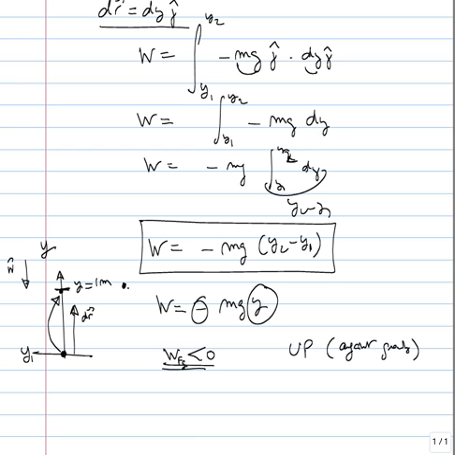If you bring an object in the other direction, that is, you let it drop, so its position goes from this position to this position, then in this case the work is going to be minus mg times (y2 minus y1). Your initial is, say, 1 meter, your final is 0, therefore this difference is negative, because your final position is less than your initial if you're going down with gravity.